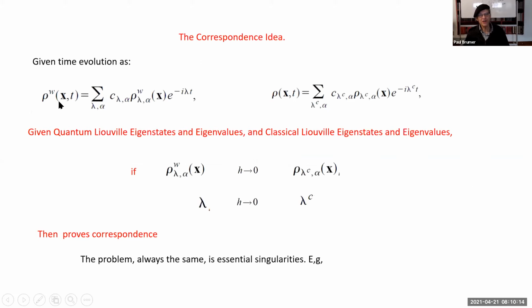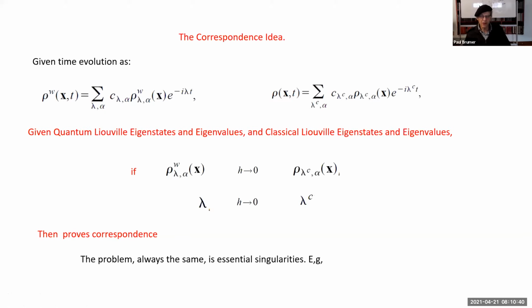My idea was the time evolution looks like this in the quantum, like this in classical. So, quote, all I have to do is show that the Wigner representation of the eigenfunctions, as h bar goes to 0, goes to the Wigner representation of the classical eigenfunctions, and similarly with the eigenvalues, and then I prove correspondence.